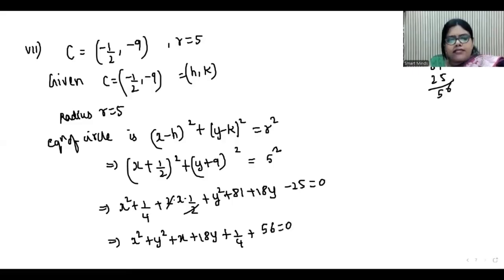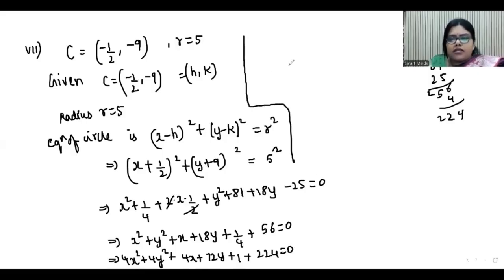Now you take LCM. You will get 4x square plus 4y square plus 4x plus 72y plus 1 plus what is 56 into 4? 224 is equal to 0.